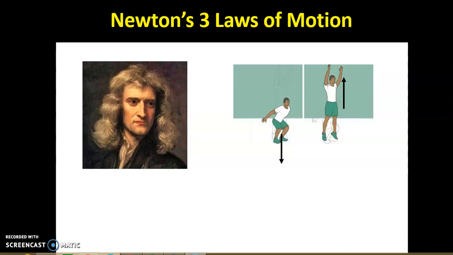So for example, if 2 cars are head-on and they both start accelerating at the same acceleration, they won't move. They'll stay where they are because they're acting against each other with the same amount of force. So there will be no change.